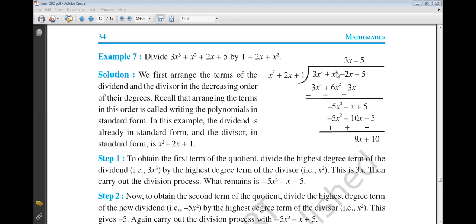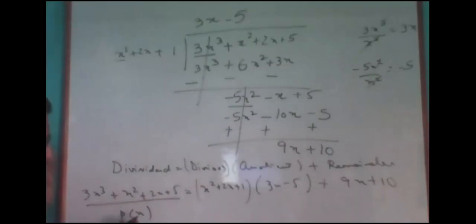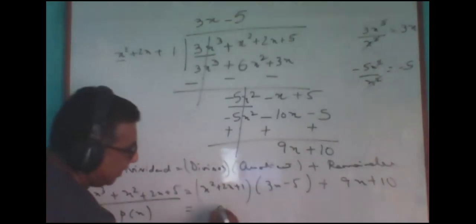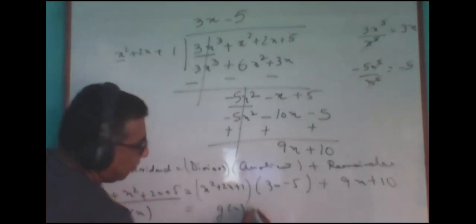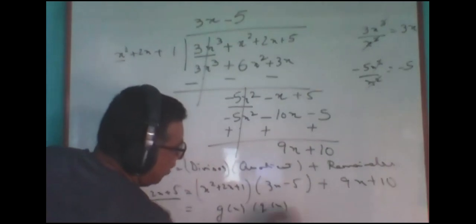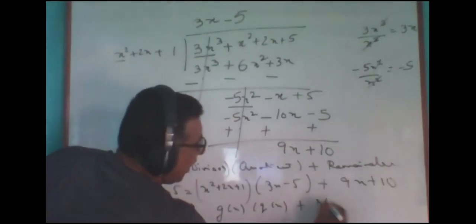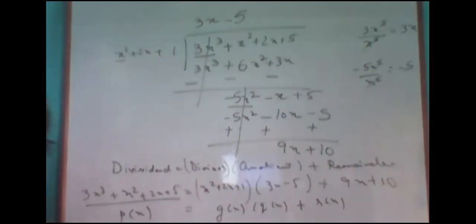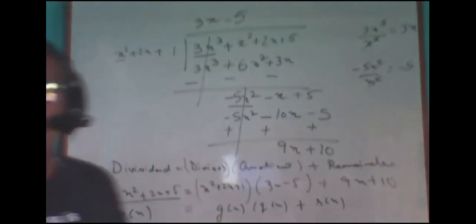You can find the division part, how we are dividing, on the board. It is p(x) equals g(x), the divisor polynomial, multiplied by the quotient polynomial q(x), plus r(x). This one is your remainder polynomial.